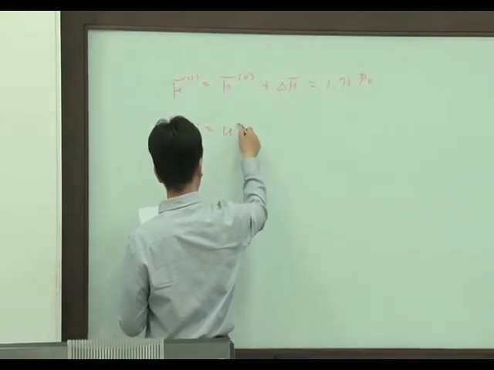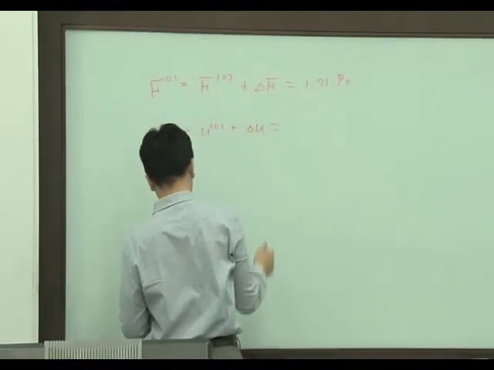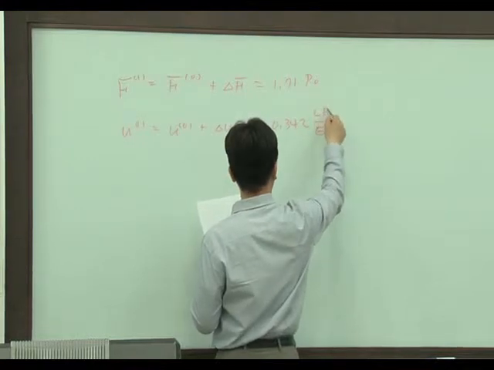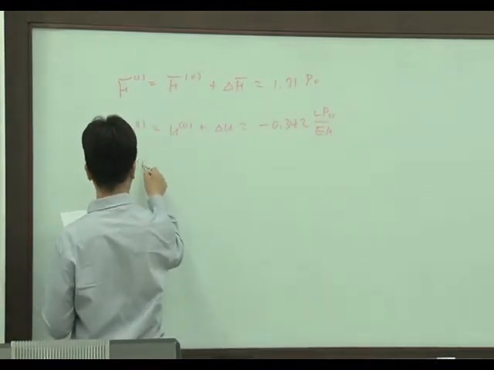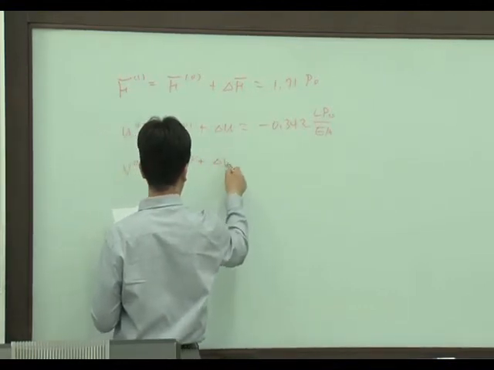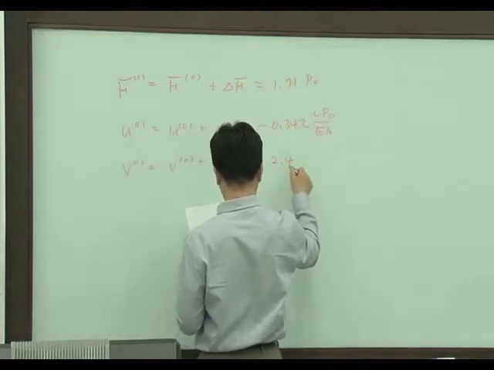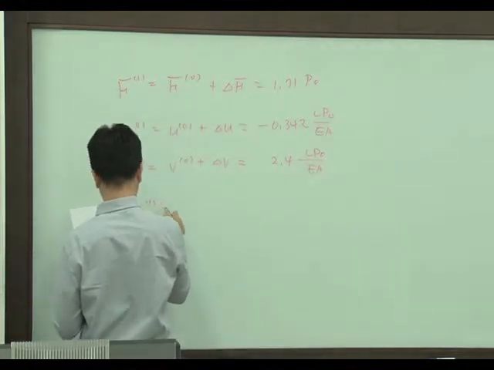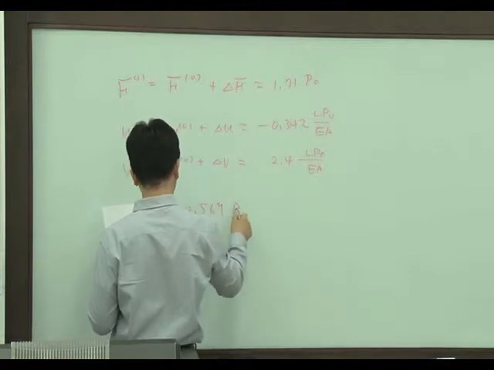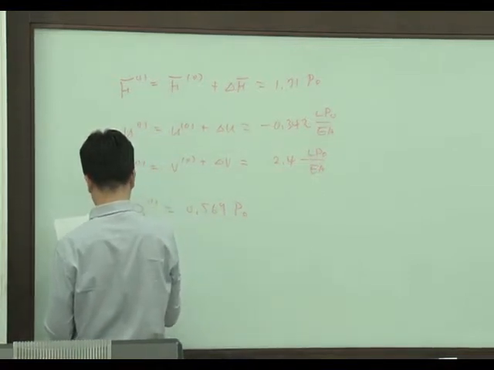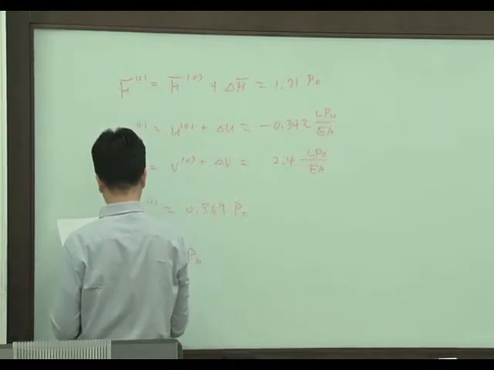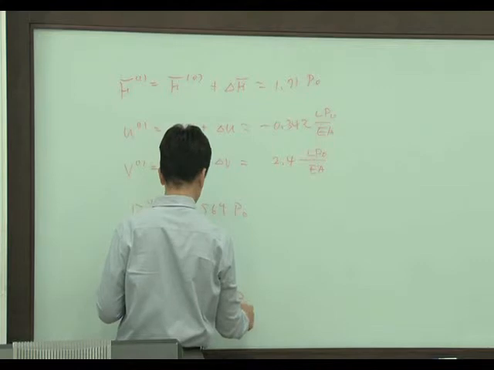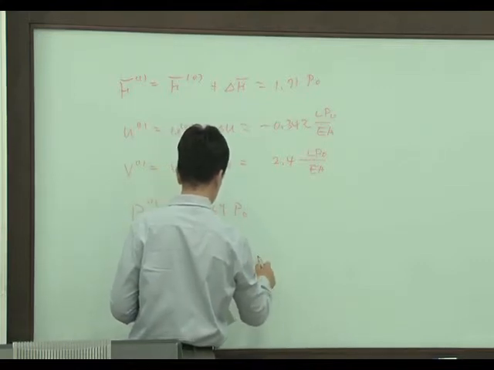U1 equals U0 plus delta U equals minus EA LP0. V1 is 2.4.